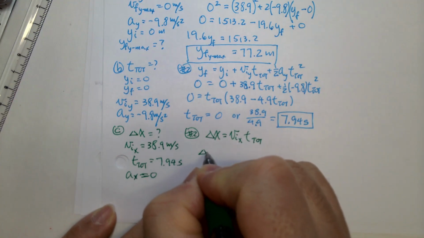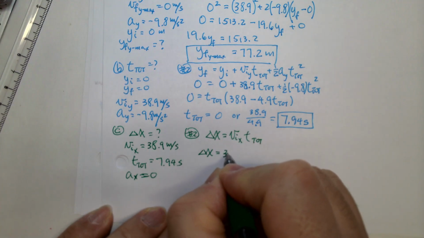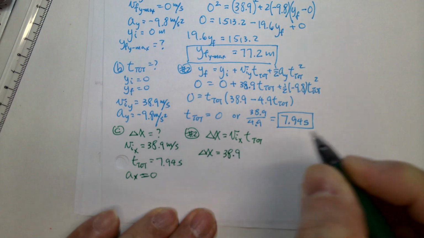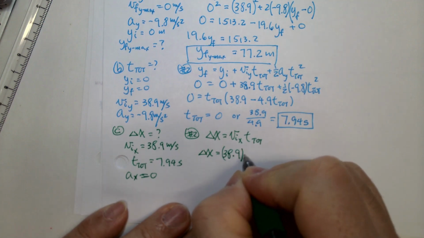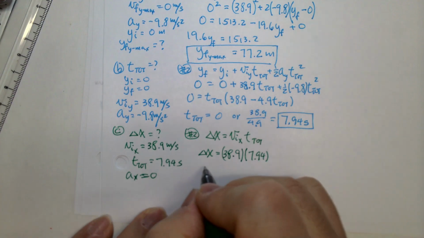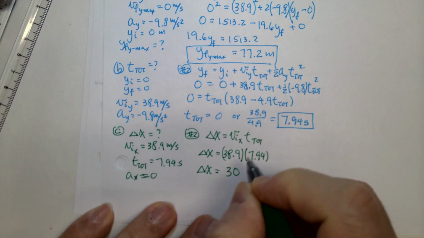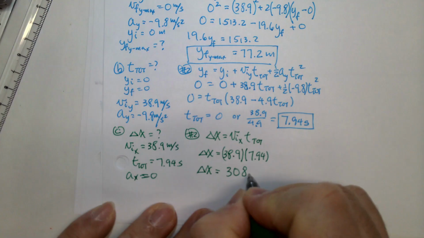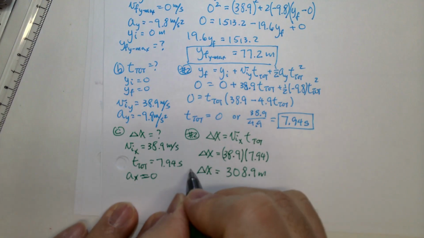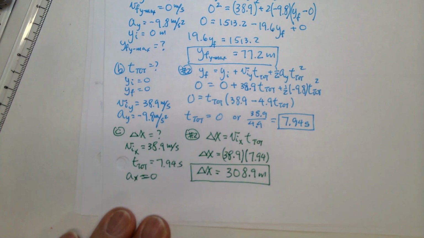Therefore, my delta x now is equal to VIX, which is 38.9, right, times t total of 7.94 seconds. So my delta x comes out to be 308.9 meters. That's the range. Okay?